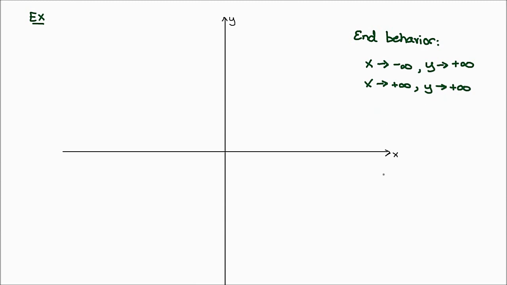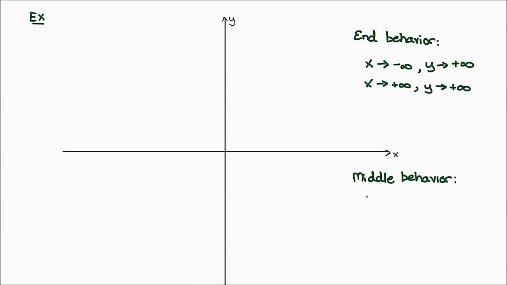And let's just pretend the middle behavior. There's going to be more to this middle behavior later on, but for right now, let's just take the basic middle behavior, which is that we go through our x-intercepts.